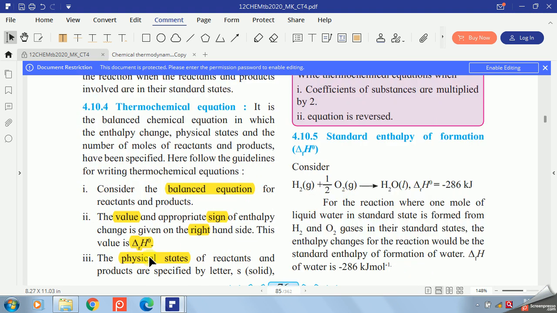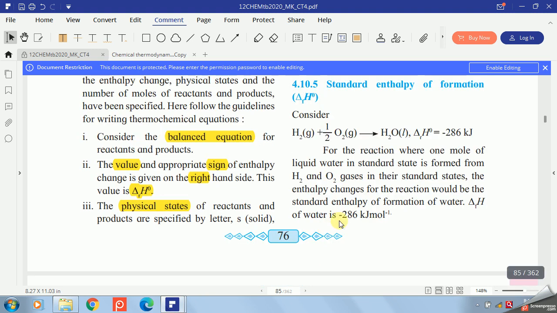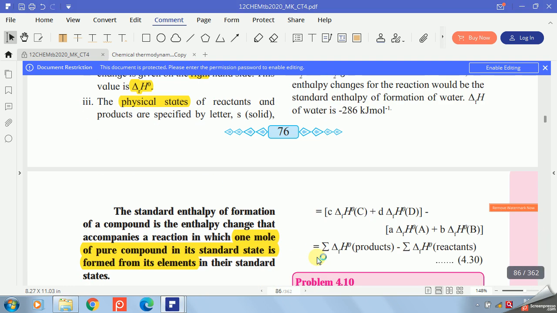Now next is the standard enthalpy of formation. Consider H2 gas plus 1 half O2 gas gives 1 mole of H2O liquid. The enthalpy of formation of water is minus 286 kilojoule, and this is the standard enthalpy of formation of water.